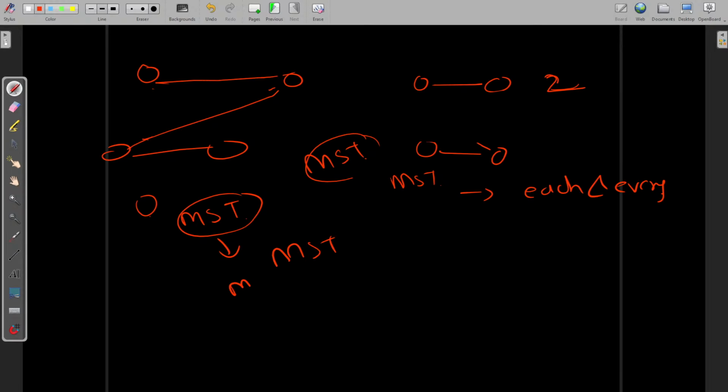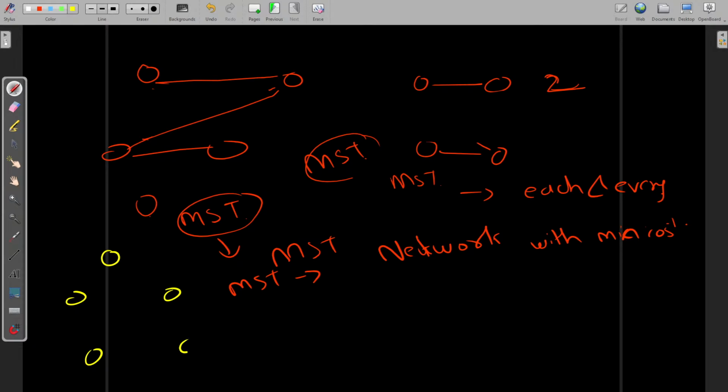So what MST does is, since we want to find a network, by network I mean a graph, with minimum cost, what we do is we initially place all the nodes. Let's say node 1, node 2, node 3, 4, and 5, and we don't place any edge right now. Then we take all the edges.